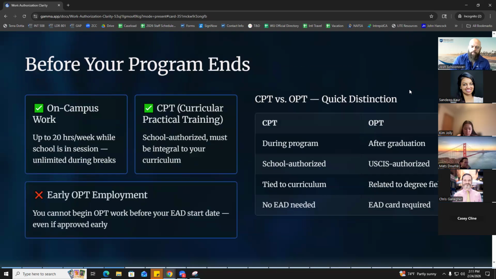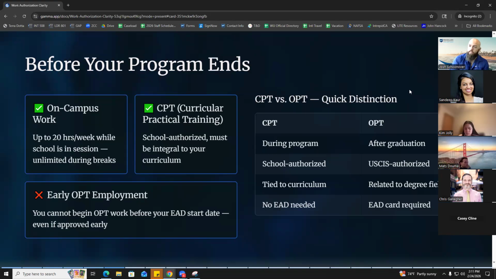So I mentioned CPT and OPT already. One of the things to keep in mind for those of you whose institutions do allow CPT participation is that if you do CPT for 12 months or longer during the course of your program, that makes you ineligible to do OPT afterwards.